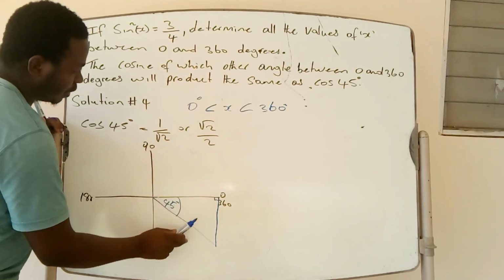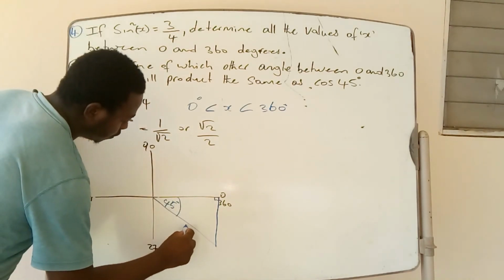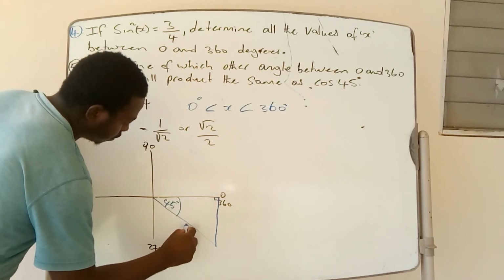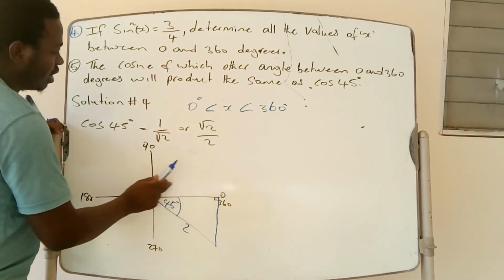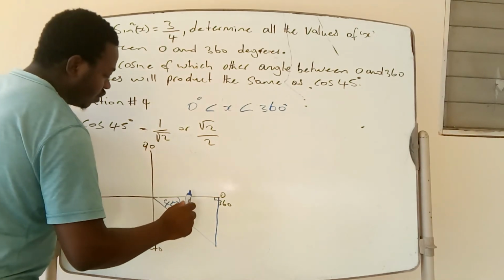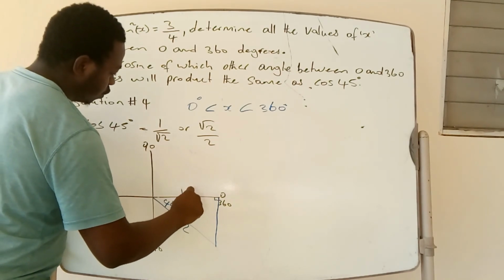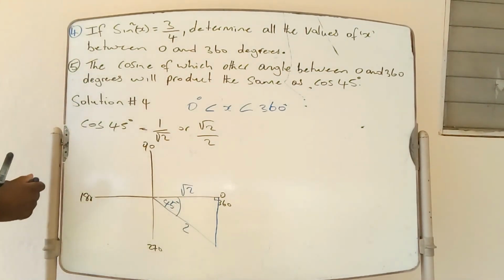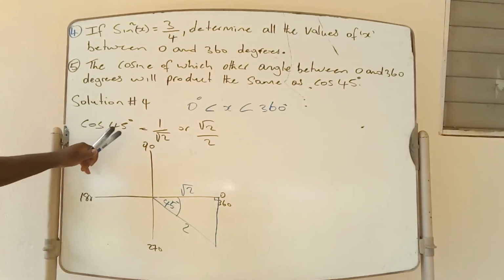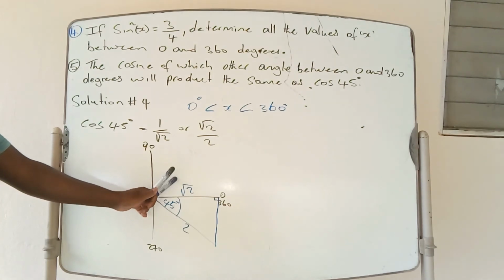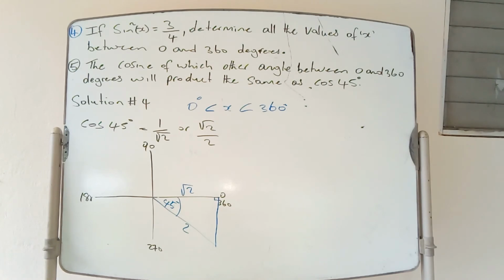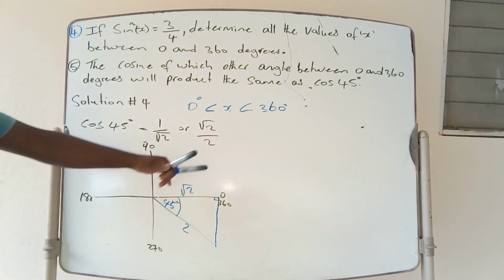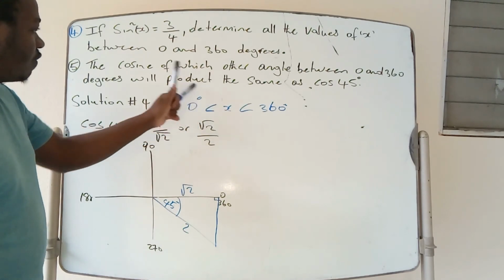We know that the hypotenuse here is actually 2, and this side here is actually root 2. Because cos 45 is equal to root 2 over 2, which is root 2, the adjacent side, over the hypotenuse, which is 2. Follow me there?